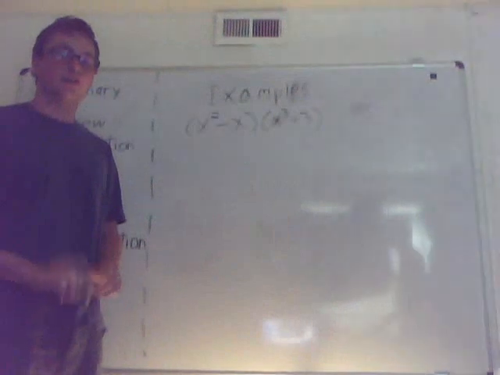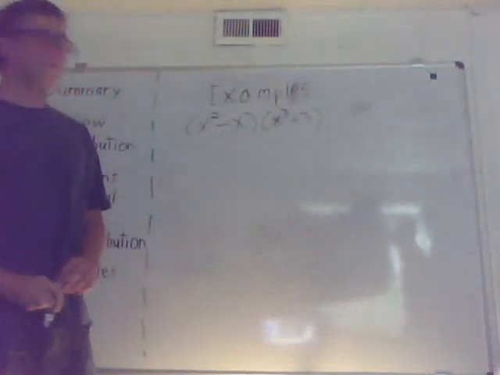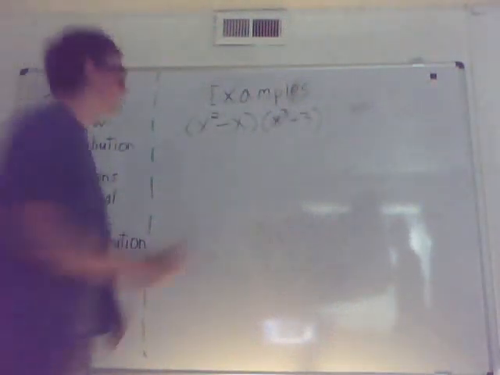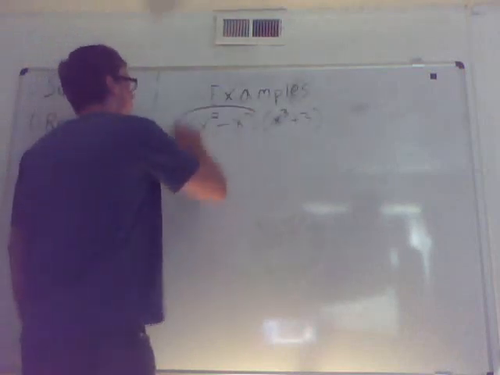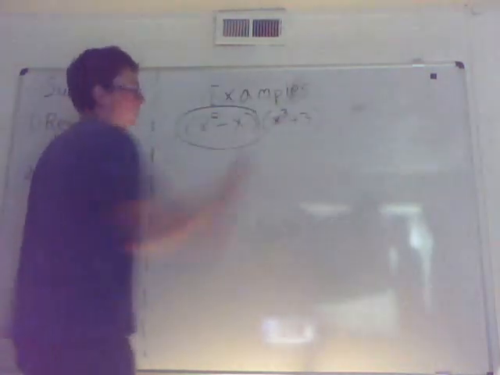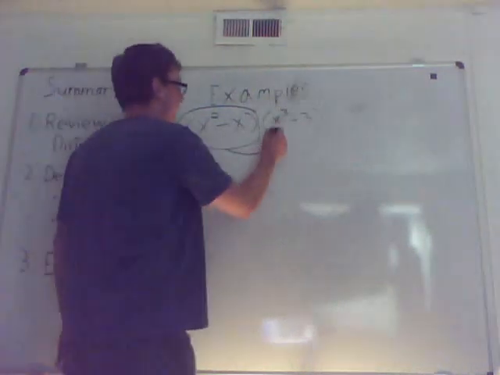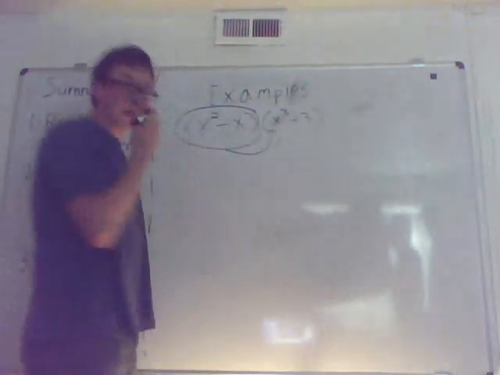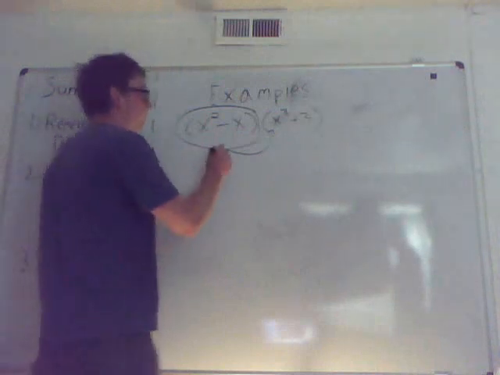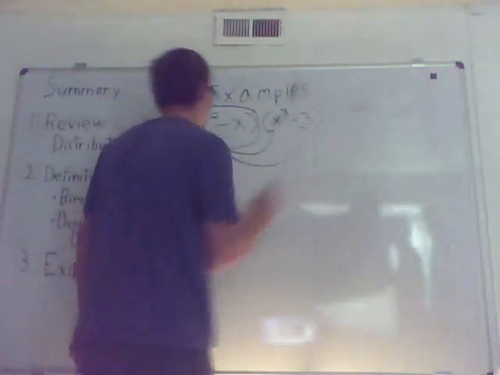All right, so let's look at our third and final example of multiplying two binomials together. So like usual, multiply our first binomial into our second binomial. So we have (x squared minus x) times x cubed and (x squared minus x) times 3.